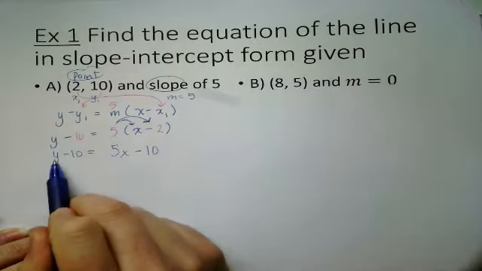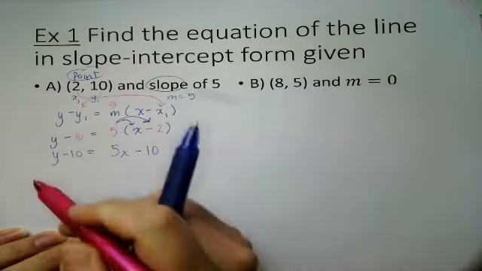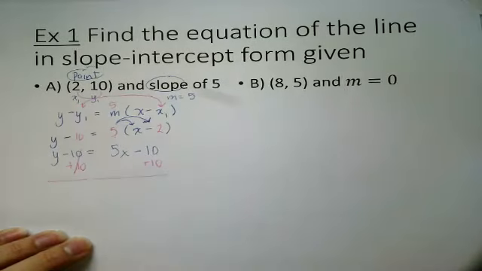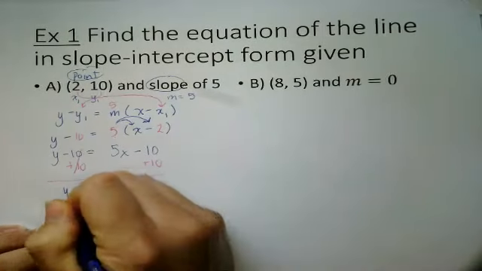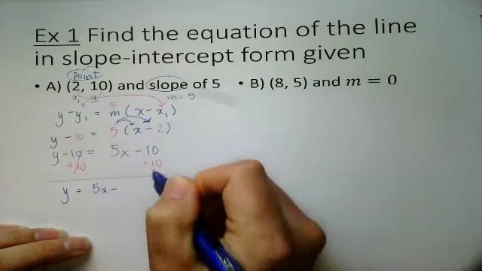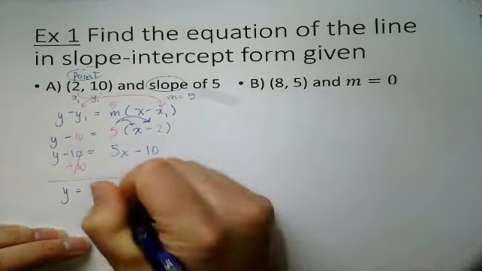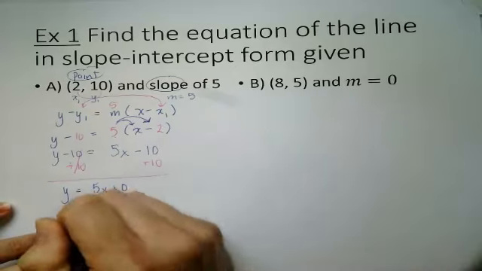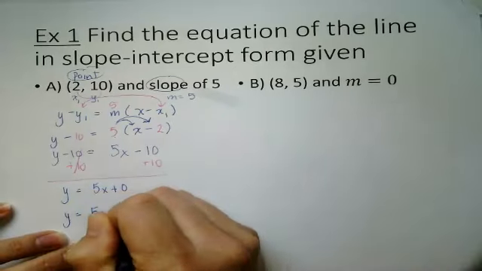And then I just need to isolate the y. So I'm going to add the 10 to the other side so that the y is by itself. So we get y equals 5x, negative 10 plus 10. Oh, well, that's 0. You could put 5x plus 0, but probably we don't really need the plus 0.